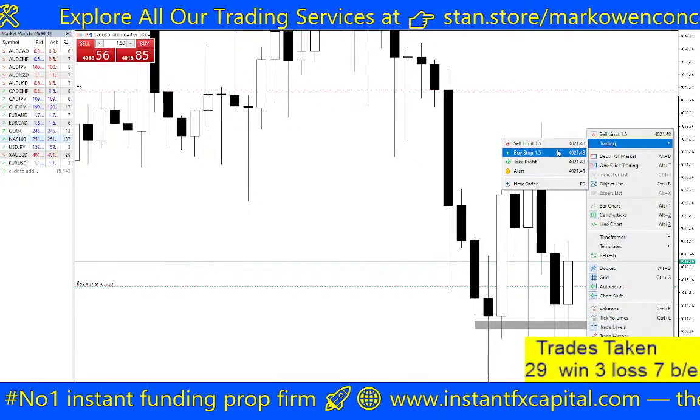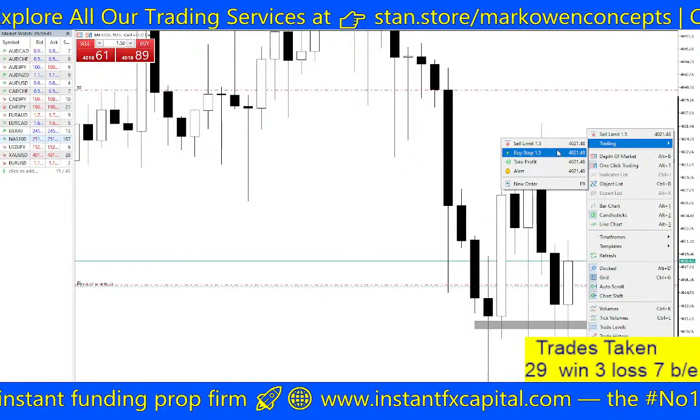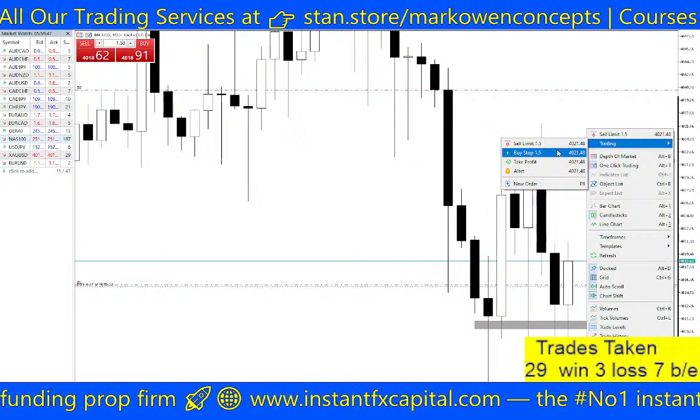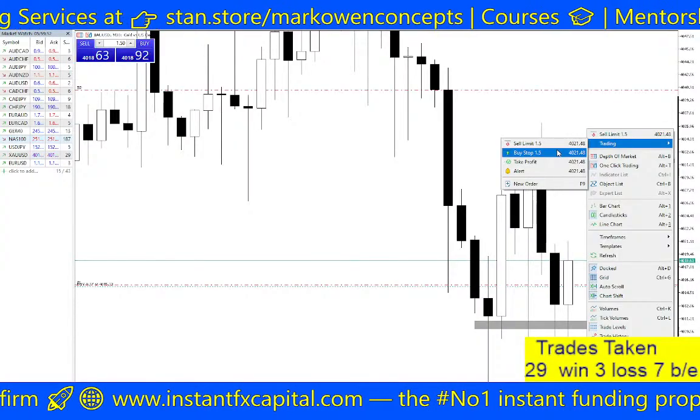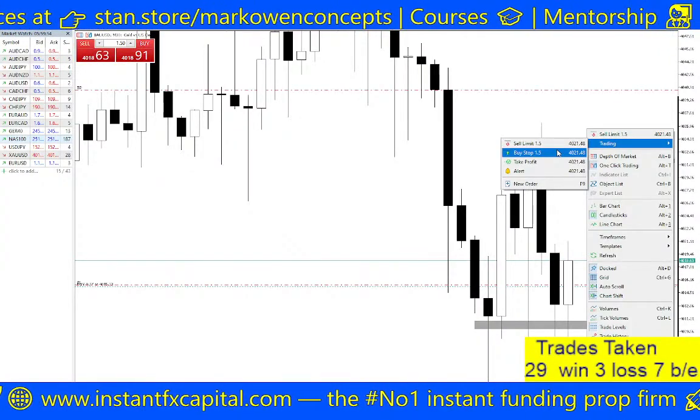20 seconds left of this candle. 8 seconds.